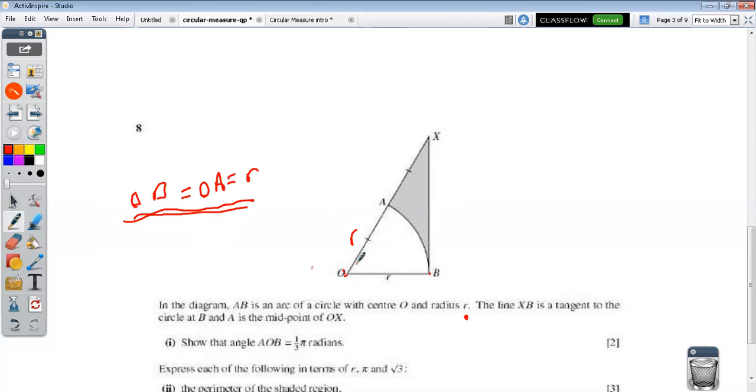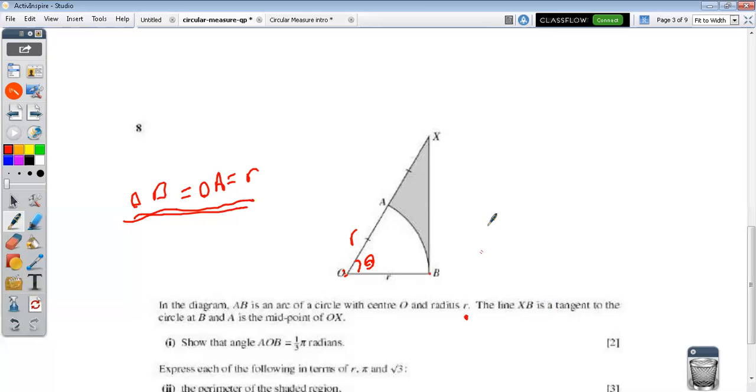Now, AOB is this angle here, theta. If I was to redraw this here, another thing from circle geometry O level, if this is the tangent, because they said the line XB is a tangent.